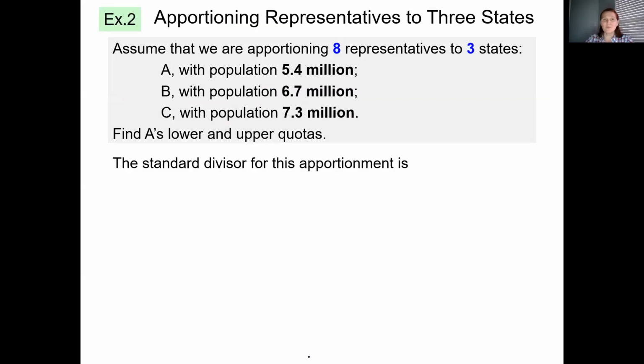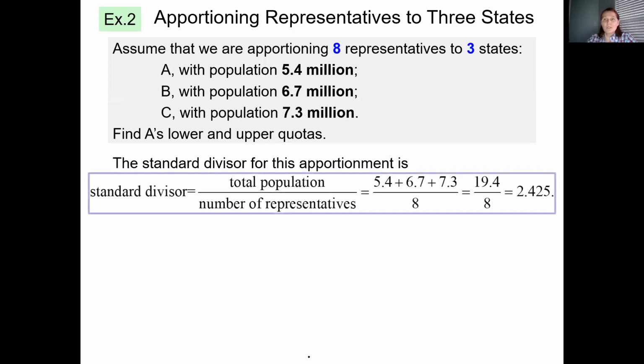In the next example, we assume that we are apportioning 8 representatives to 3 states, A, B, and C, with populations 5.4, 6.7, and 7.3 million. Let us first find the standard divisor for this apportionment. The standard divisor is the total population divided by the number of representatives.